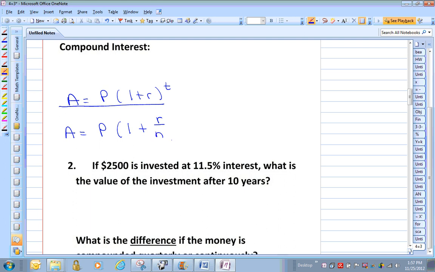So we're going to put an n here for the number of times compounded. And then we would raise that to the nt power. So again, this number and this number should be the same. You would multiply those two together before you raise it to this power.